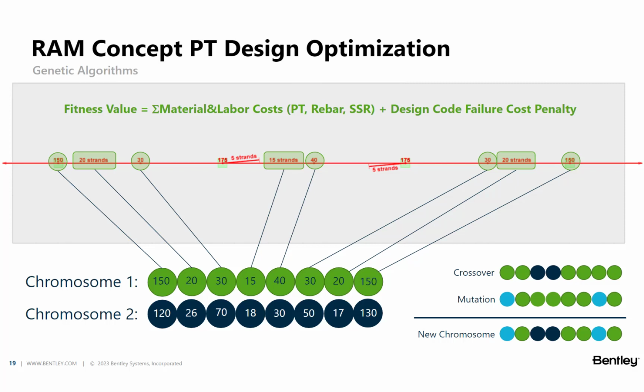Crossover is swapping different parts of different chromosomes. Mutation refers to randomly changing one of the parameters in a chromosome. So as part of this process, the best chromosomes from each population are kept and then bred to create new chromosomes to evaluate in a subsequent generation.